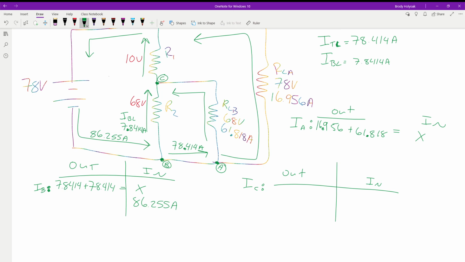So that's our unknown. The current we have coming in is going to be the current coming up this way and the current coming this way. So we have the 7.8414 and 61.818.